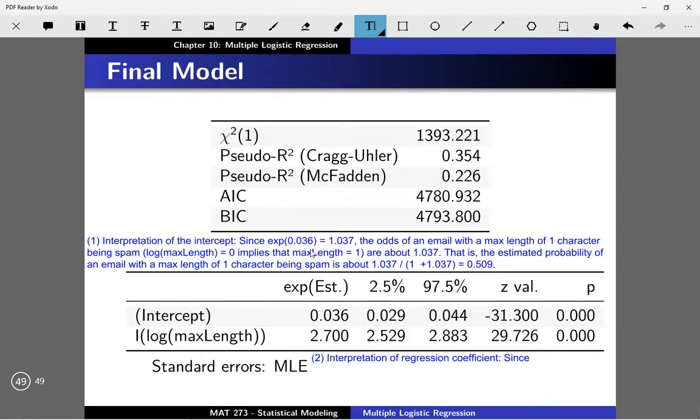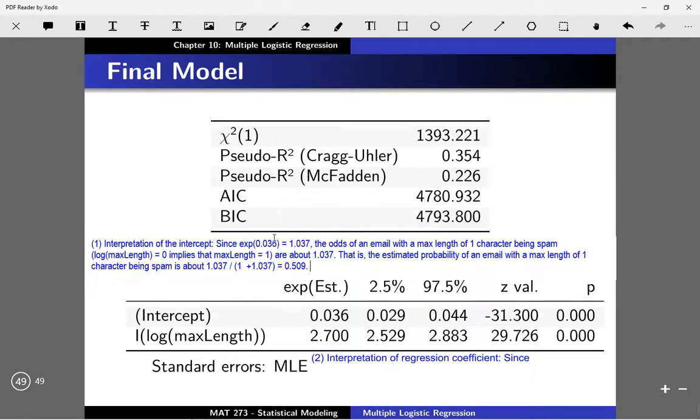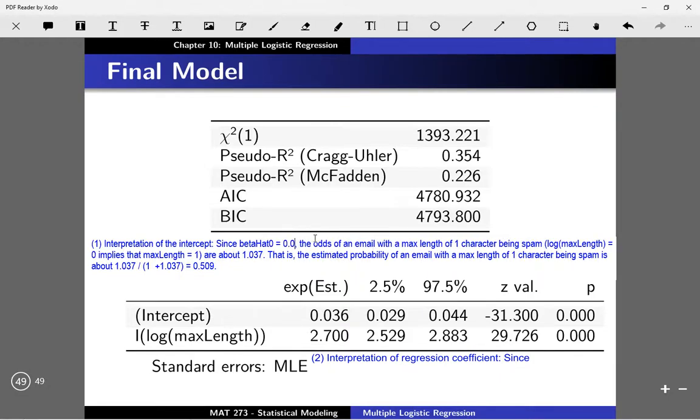Oops. I'll forget what I just said. Okay, so we didn't need to exponentiate it.